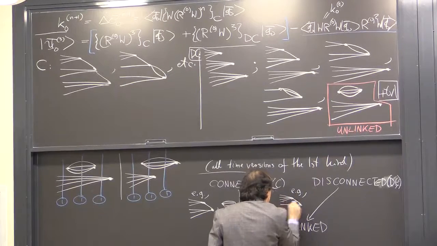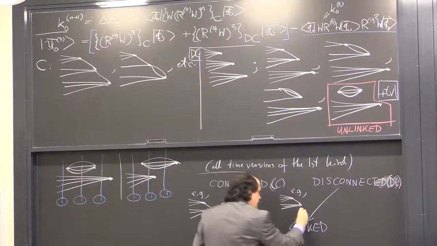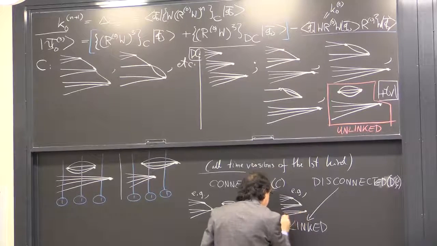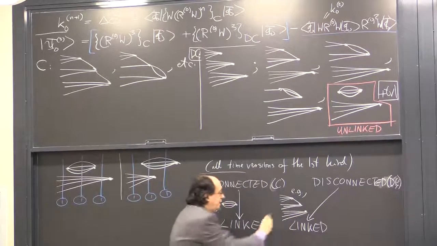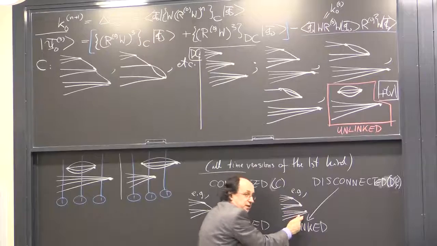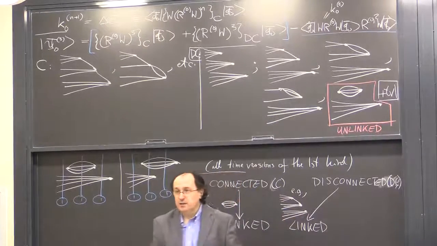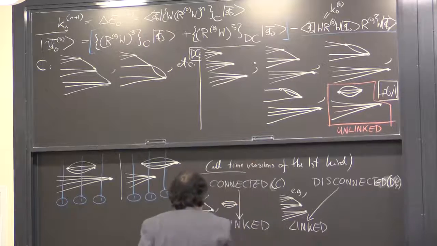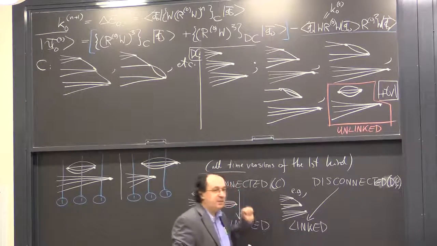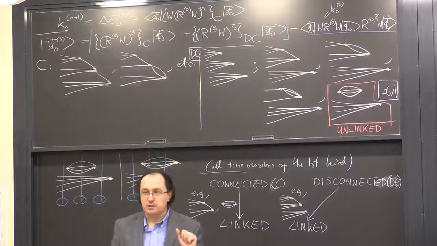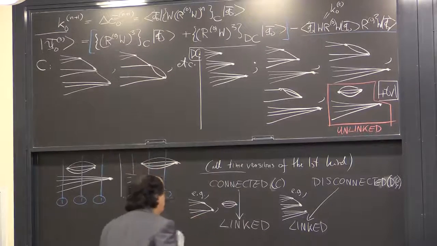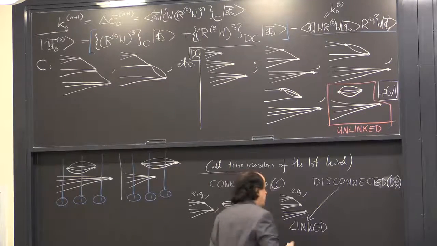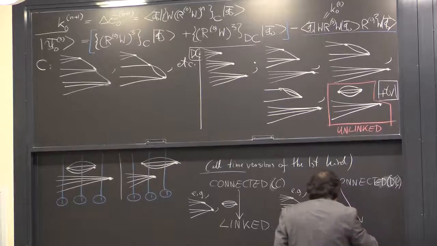You can have, say, one piece and another piece, say the V. This is disconnected, obviously, and it has external lines in both pieces, meaning that none of the two pieces are closed. That means linked.